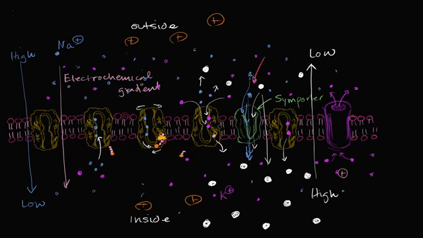So what's going on over here, this sodium-glucose symporter, this is secondary active transport. It's using the stored energy from the electrochemical gradient of one molecule to drive the active transport of another molecule, glucose, going against its concentration gradient.